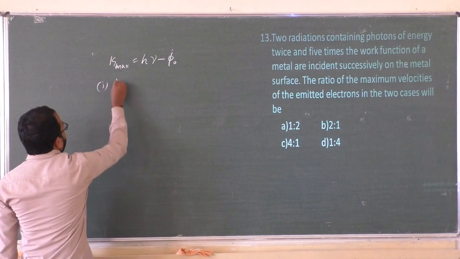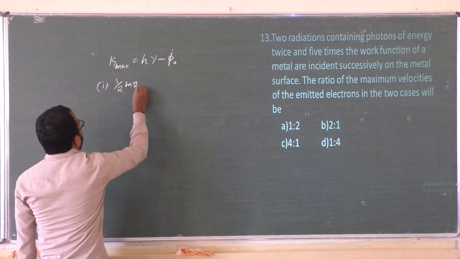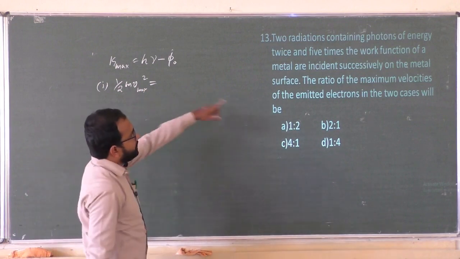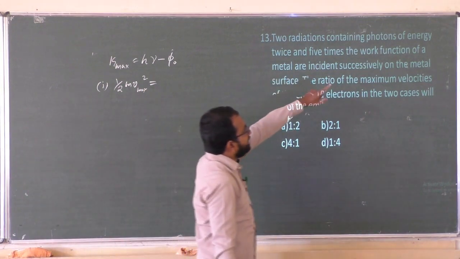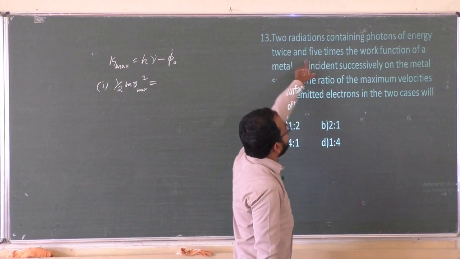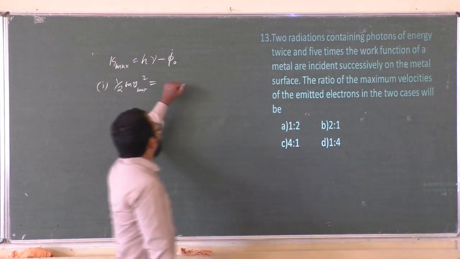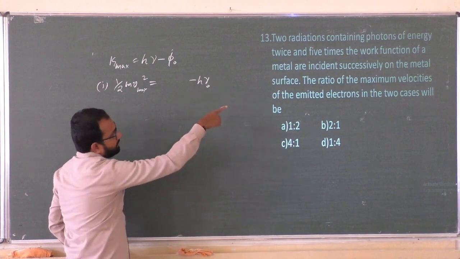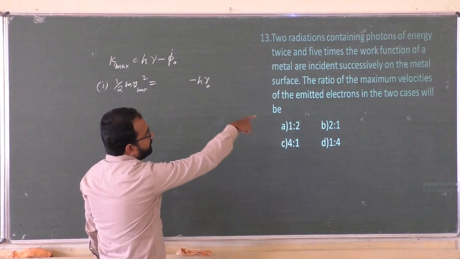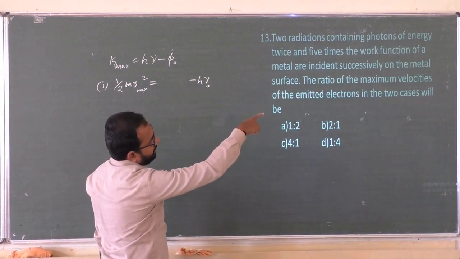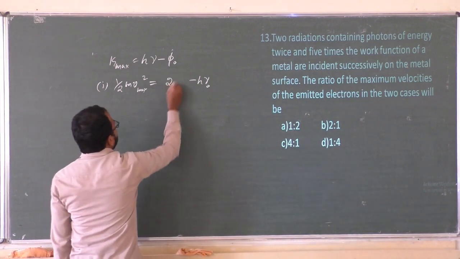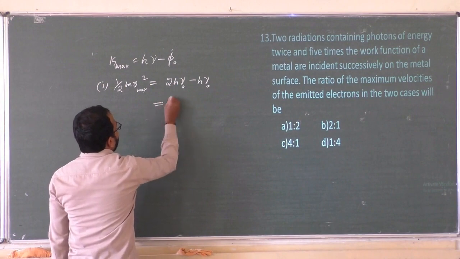So for the first case, half m V maximum square is equal to h nu minus the work function. The work function is h nu naught. The surface is incident with photons of energy twice the work function, 2h nu naught, so half m V maximum square is equal to 2h nu naught minus h nu naught, that is equal to h nu naught.